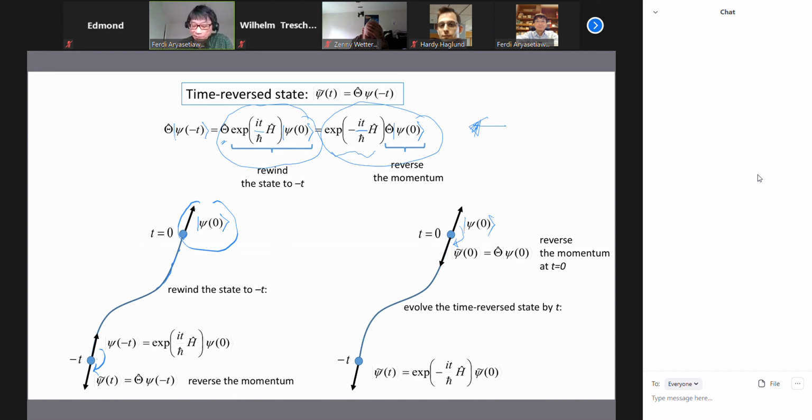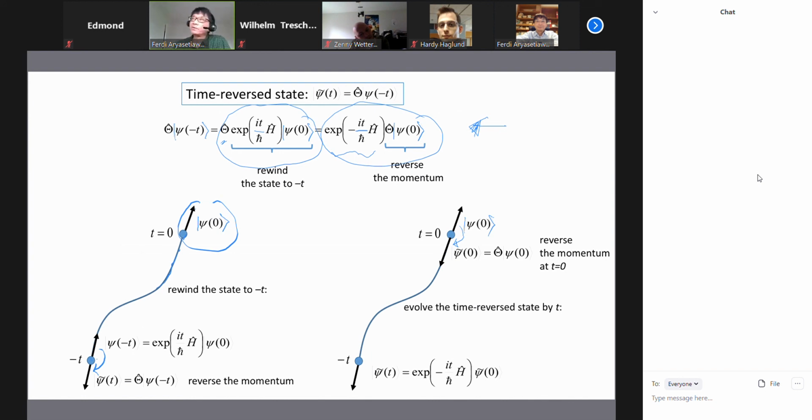But what we have done here is rather that we define the time reversal operator as the one that reverses the momentum but keeps the position operator the same. And from this basic definition, we showed that indeed these two processes are equivalent.